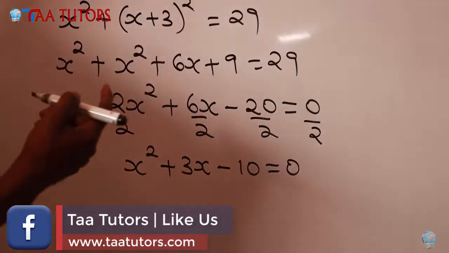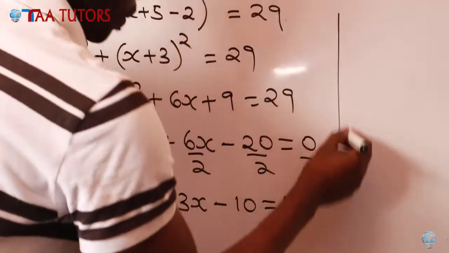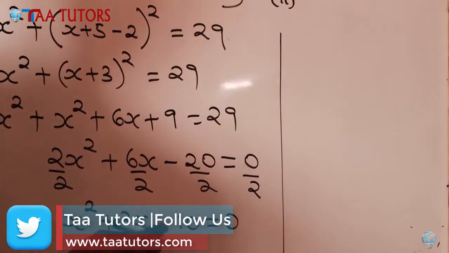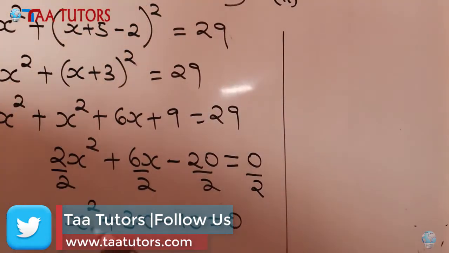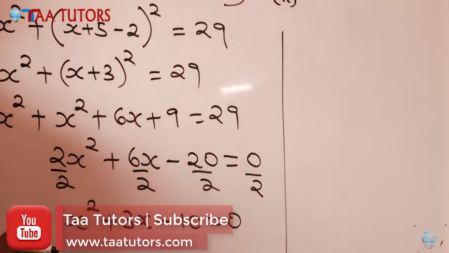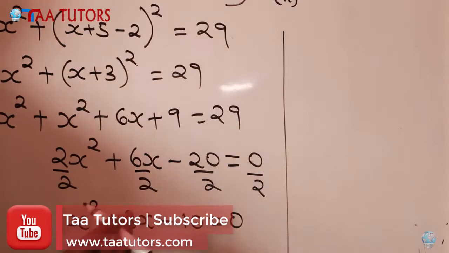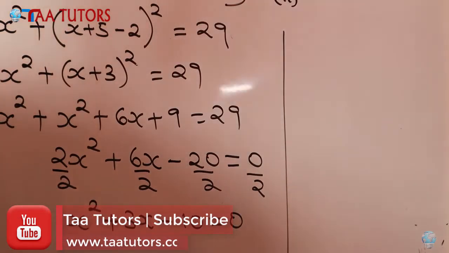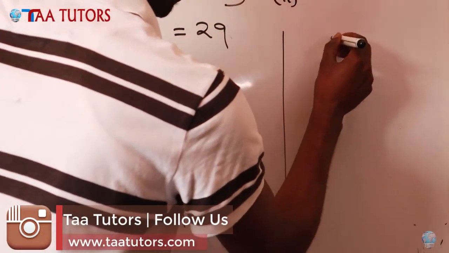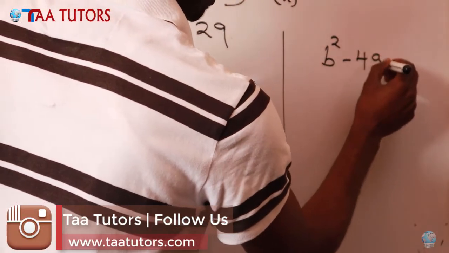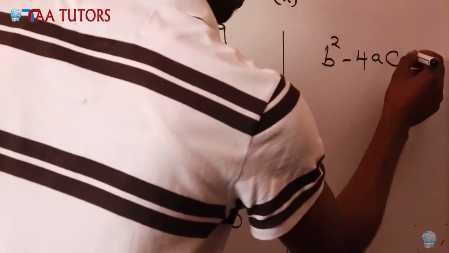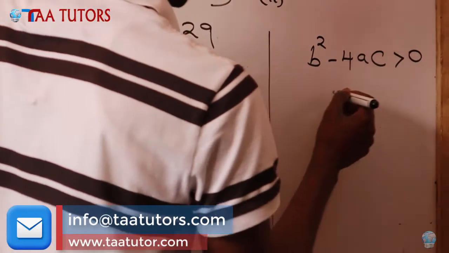Now viewers, I want to bring your attention to something before I move on. In your knowledge of quadratic equations, probably in Form 3 or at AS level of A level, you realize that we can determine whether this equation is going to give us 2 points, no point at all, or 1 point by looking at what we call the discriminant of a quadratic equation. This is the discriminant. We said that if the discriminant is more than 0, then we are going to have 2 coordinates.